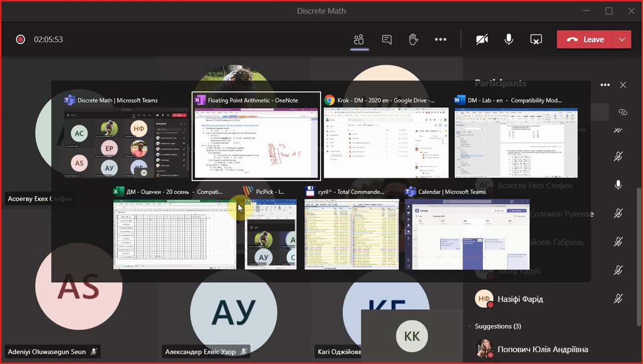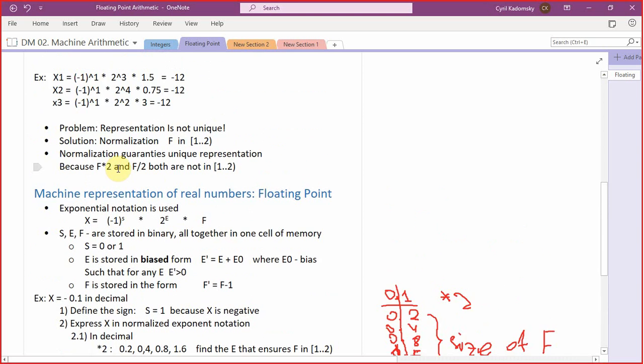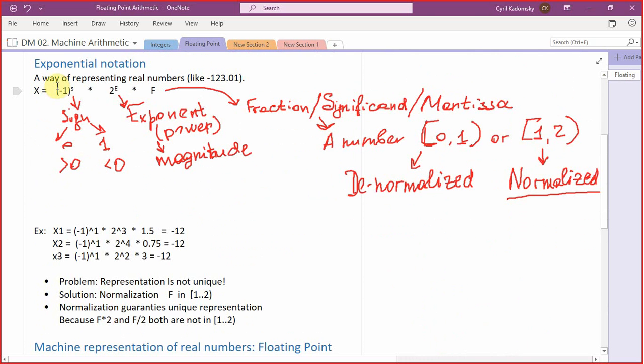Okay, so let's move on. Once again, we have talked about this formula for exponential notation, which basically splits our number into 3 parts. Sign is apart from all other parts. Exponent and fraction represent the value of the number. The exponent is more for magnitude because changing the exponent changes the magnitude very much.